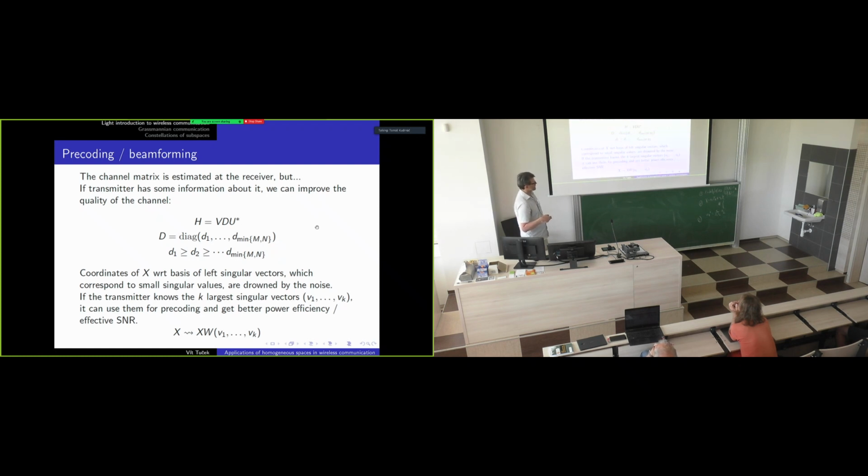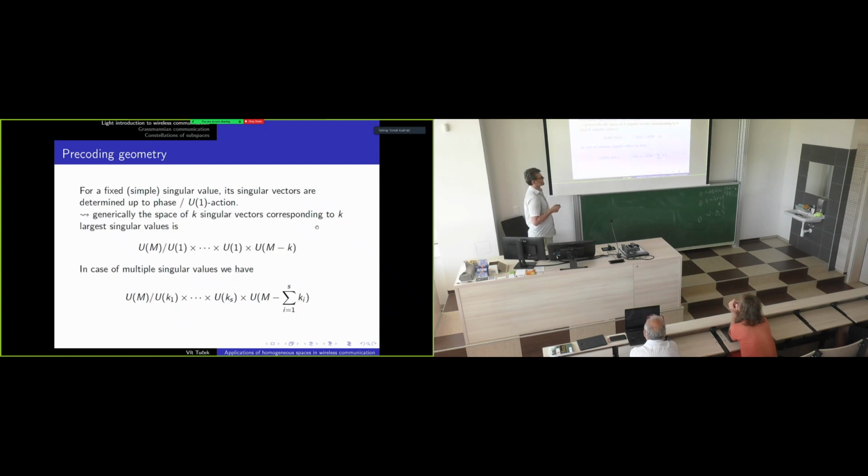And this precoding, there is linear precoding, non-linear precoding, whatever. Basically, the symbol that you started with, you just change it somehow based on the singular vectors. And so the question is, how do we efficiently send back these singular vectors? And how can we keep track of them? Because again, it's something you don't want to do every 20 milliseconds. Right? So what is the space of singular vectors?